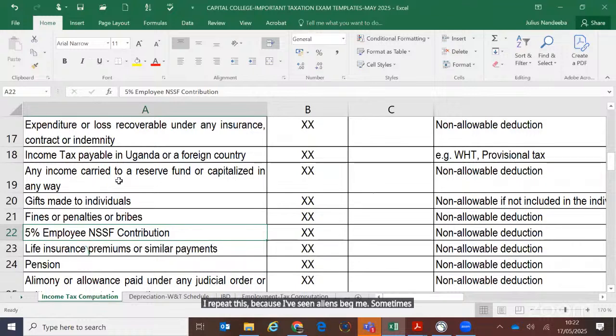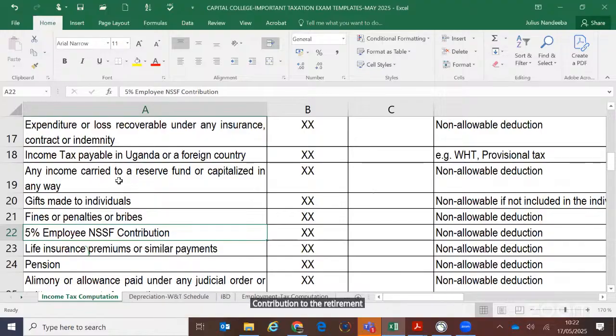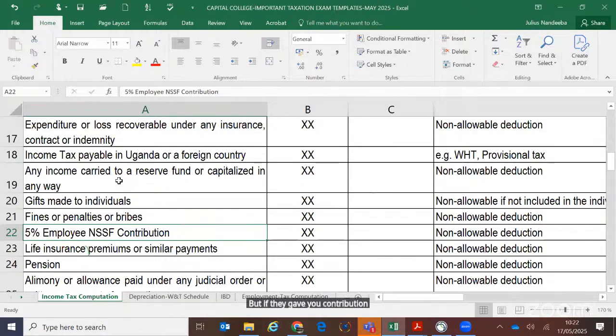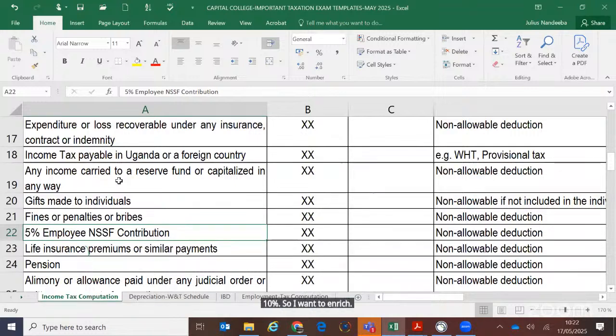Sometimes they give you just one line, contribution to the retirement fund or contribution to NSSF, with a figure. The assumption is the accountant has done it right. But if they gave you contribution to NSSF and in brackets they say 15%, you just know that there is a problem. He shouldn't claim 15%, he should only claim 10%. So I want to only disallow 5.